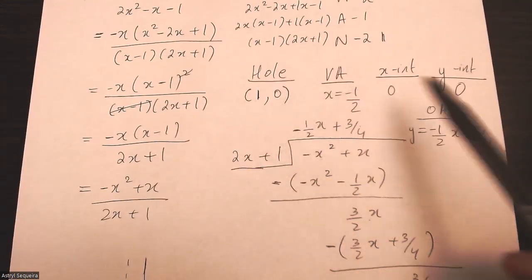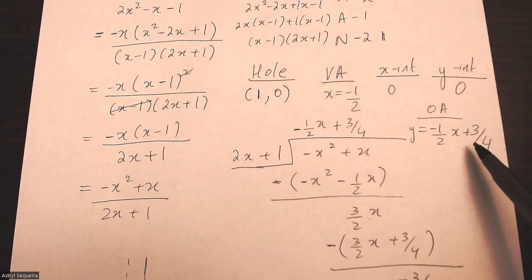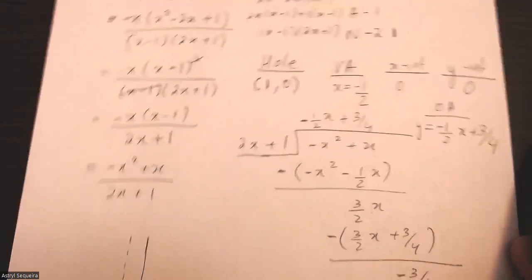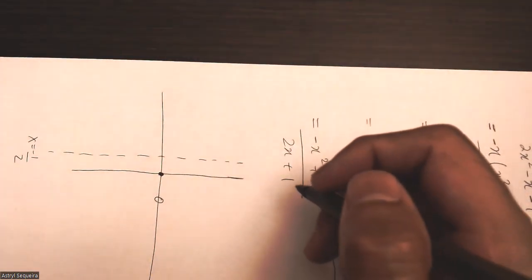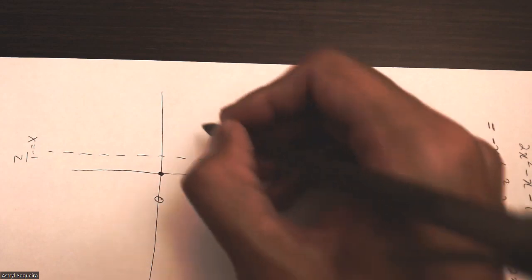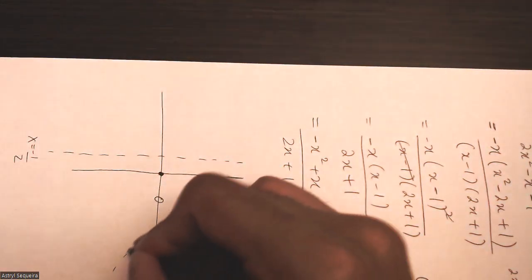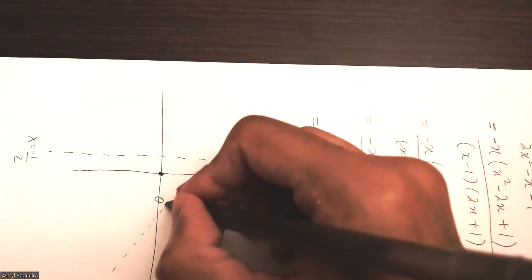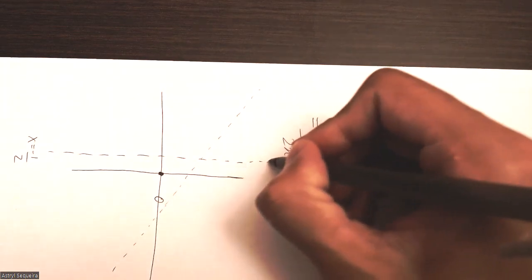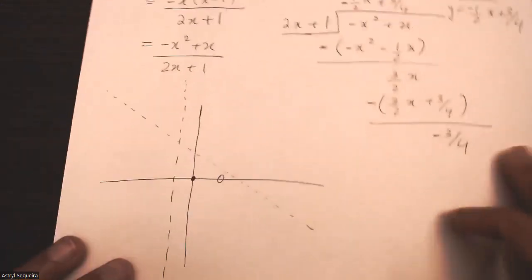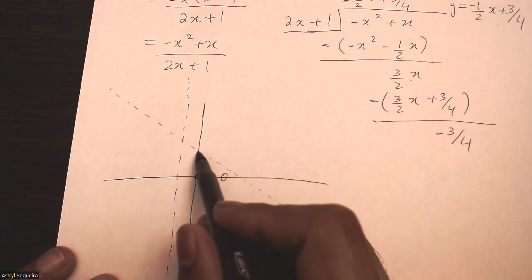And so I put these two. I just need my oblique asymptote, which is negative 1 over 2x plus 3 over 4. So that is going to look something like this. Slope is negative half, and y-intercept, that is 3 over 4 right there.